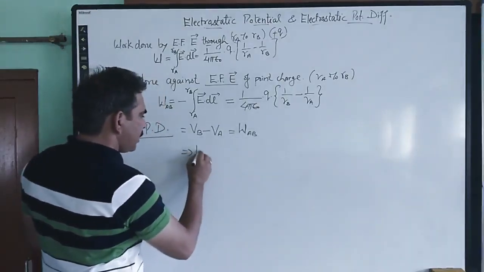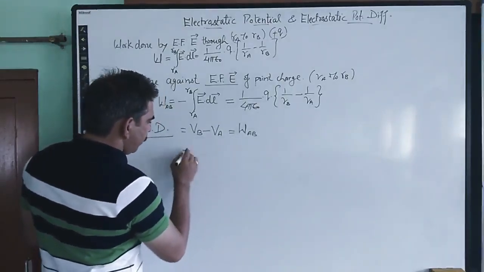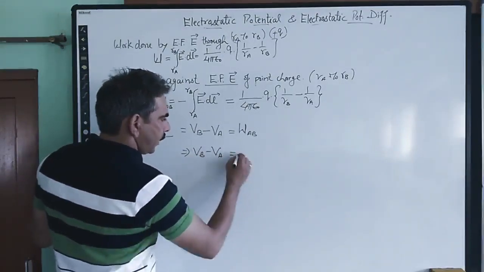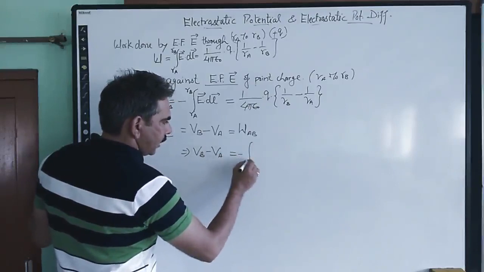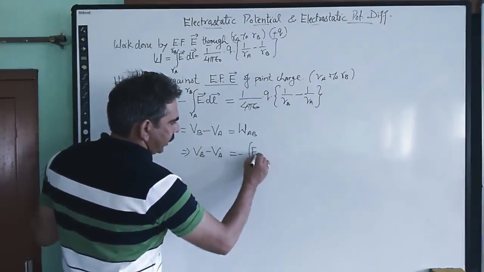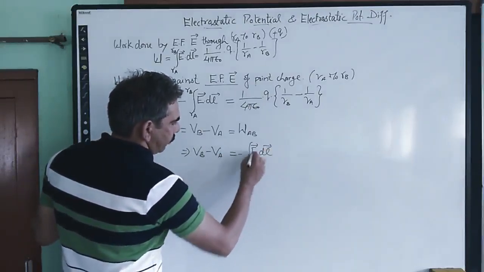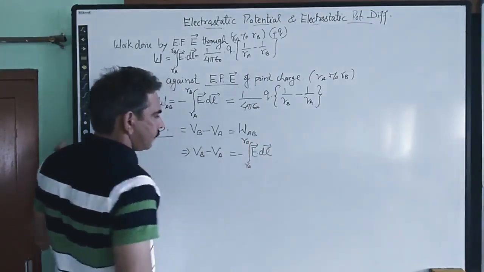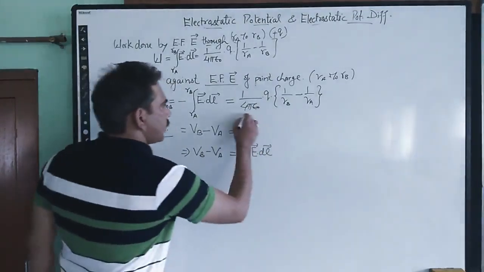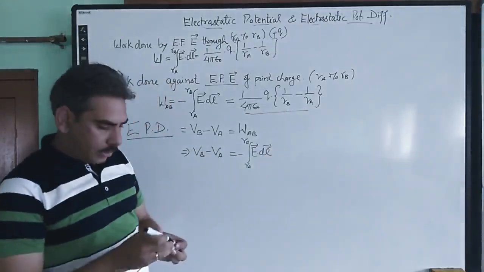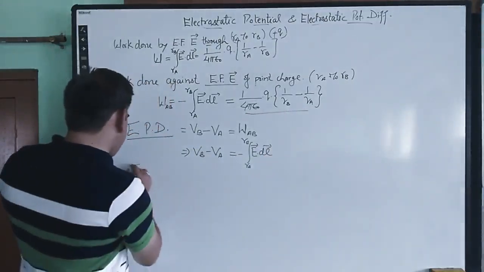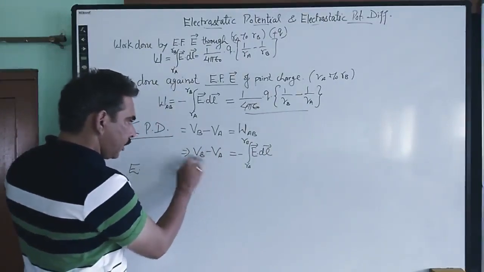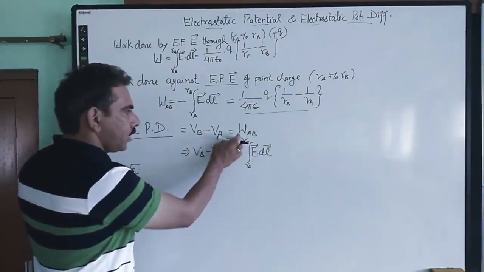So this simply means VB minus VA. The electric potential difference is given by the negative, mathematically called the negative of the line integral of the electric field between positions RA and RB, which further results into this, that we can write. And what about electric potential? This is the electric potential in moving between the 2 points, which is the work done.